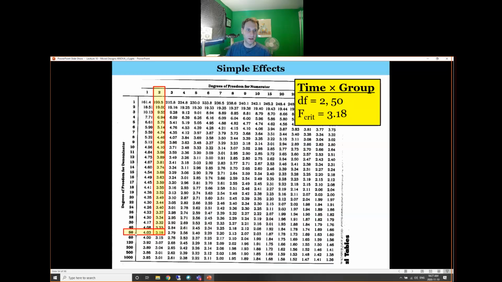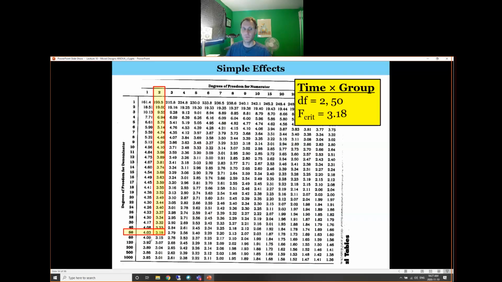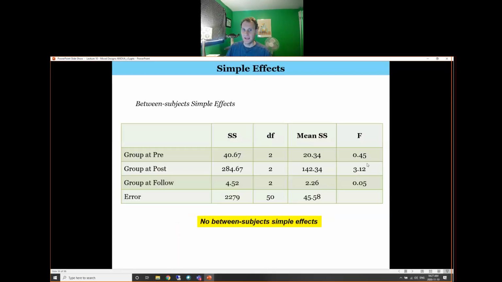We had 2 and 50 degrees of freedom, recall? So our F critical was 3.18, and our simple effect of group at post, which looking at the figure looked like it might be significant, was actually not. So there actually were no between subjects simple effects here. There were no differences between groups. So we would be done at this point. We wouldn't go on to follow this up with t-tests at the between subjects level because there are no differences here.